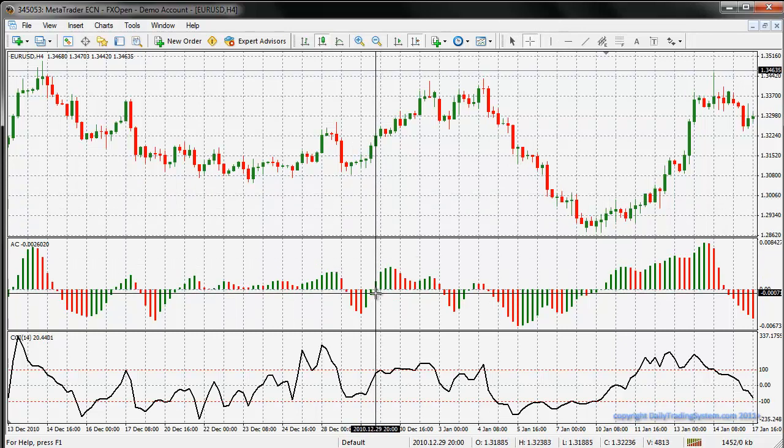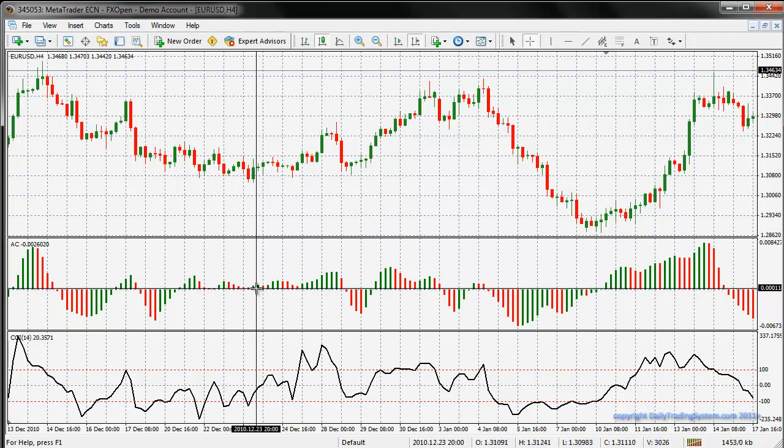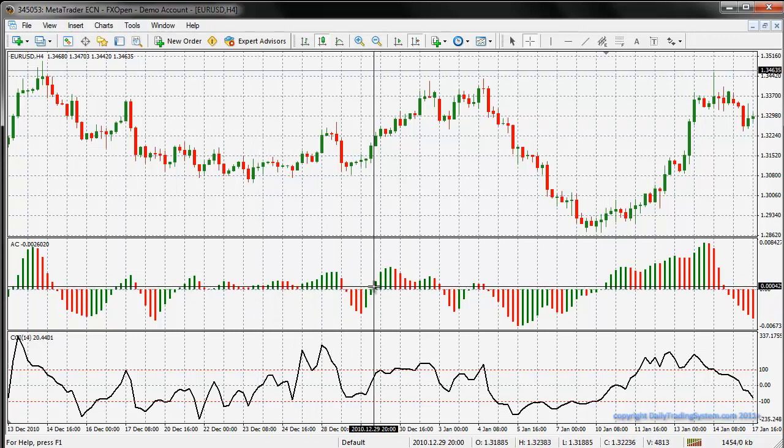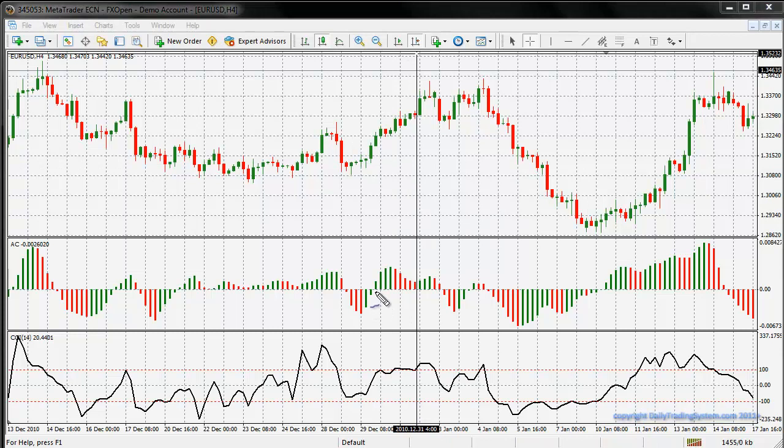Now you see this here, this is where the first bar arises above the histogram, above the vertical scale, the 0 level. You can see that this little bar right here is above the vertical scale.